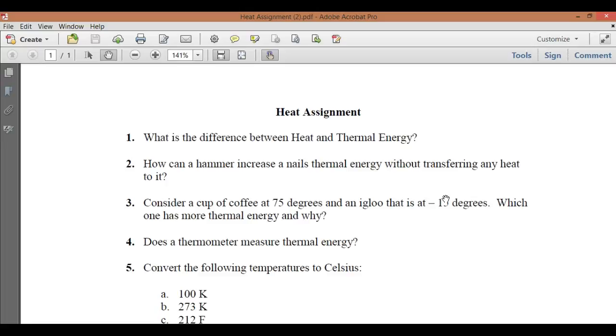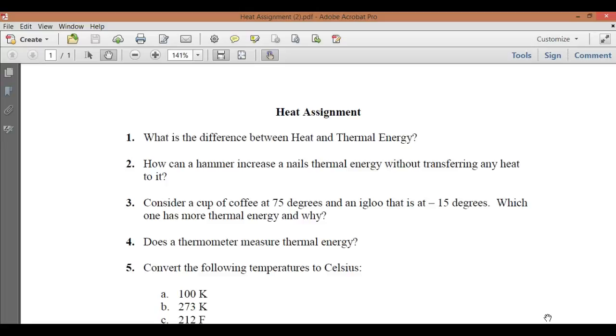Consider a coffee cup at 75 degrees and an igloo at 13 degrees. Which one has more thermal energy and why? Does the igloo or the coffee cup have more thermal energy and why?